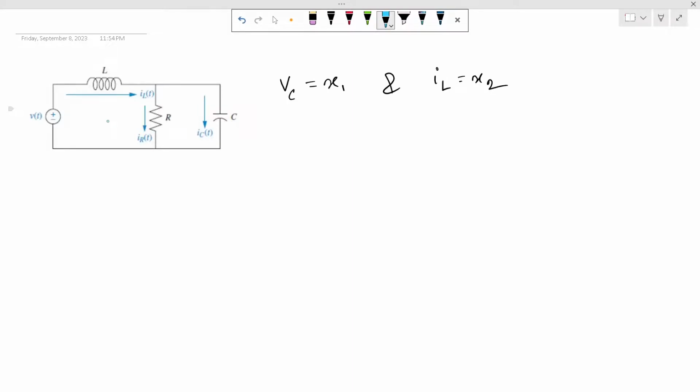Now I will apply KVL to this loop. So here Vt is equal to VL plus Vc. Now Vt is equal to L dIL by dt plus Vc.